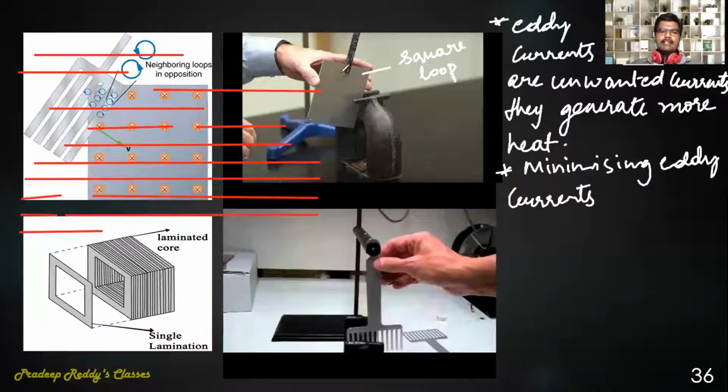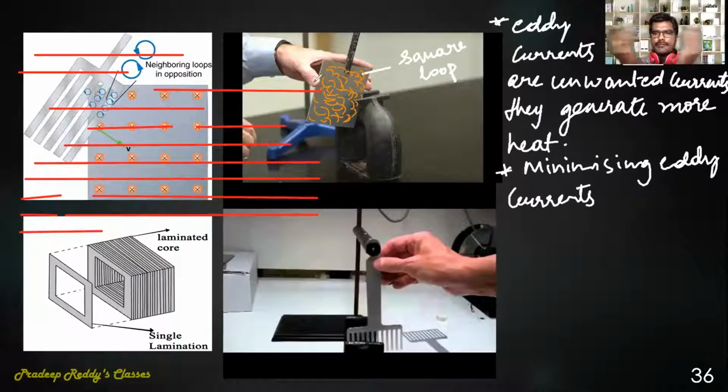As we have a square loop here, the current within this can move in any possible direction, right? So like this, currents are produced in random directions, and they are called eddies, and within this there are random currents developed. Such currents are called eddy currents.